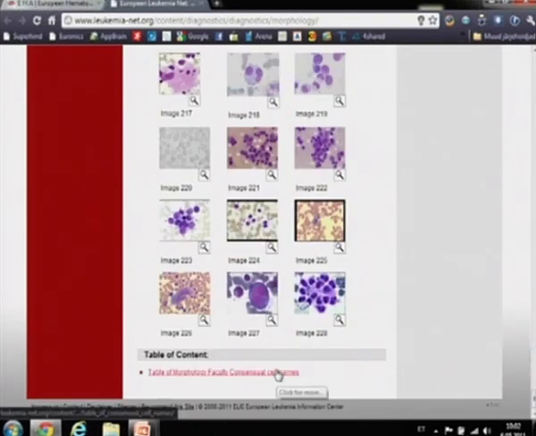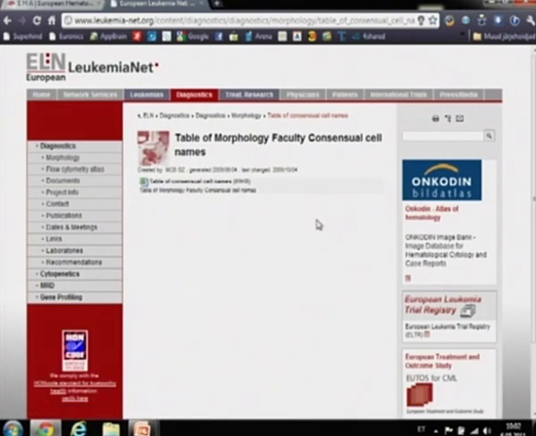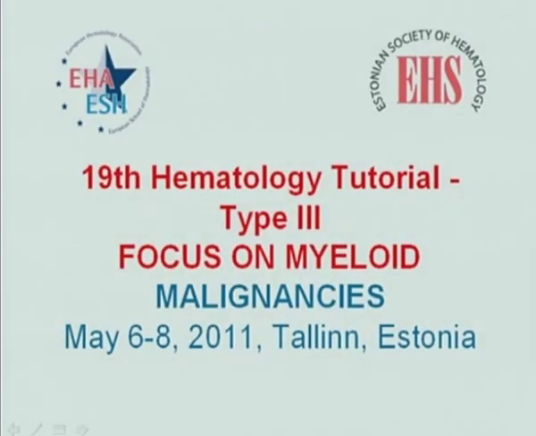That is a table of the names of the cells. You can exercise by yourself and find how this cell was named by a consensus workshop. And now I hope that we could continue.